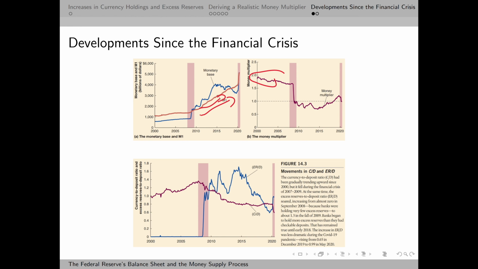On the flip side, the excess reserves to deposit ratio skyrocketed from the financial recession, and ever since then has been having problems coming back down to near zero, where it was all the way leading up to the 2007 financial crisis. Stylistically, this also makes sense: anytime there is a recession or a financial crisis, banks are going to hold on to excess reserves rather than get over-levered in a time of recession.